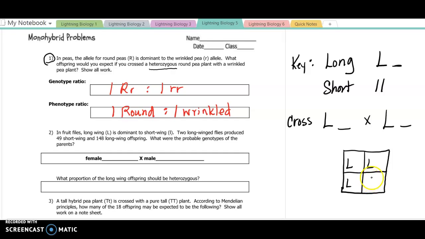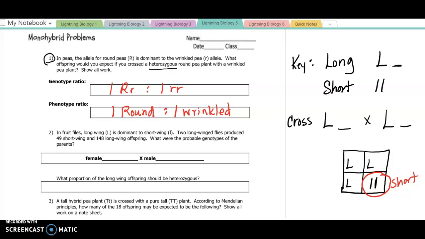And so that means that these parents had to be able to each give a little or a recessive l for wing length. And so if each parent was able to actually give and create these short wings, because these guys have short wings, 1/4 of them, 49 of the 200, so 50 of the 200 approximately have short wings.